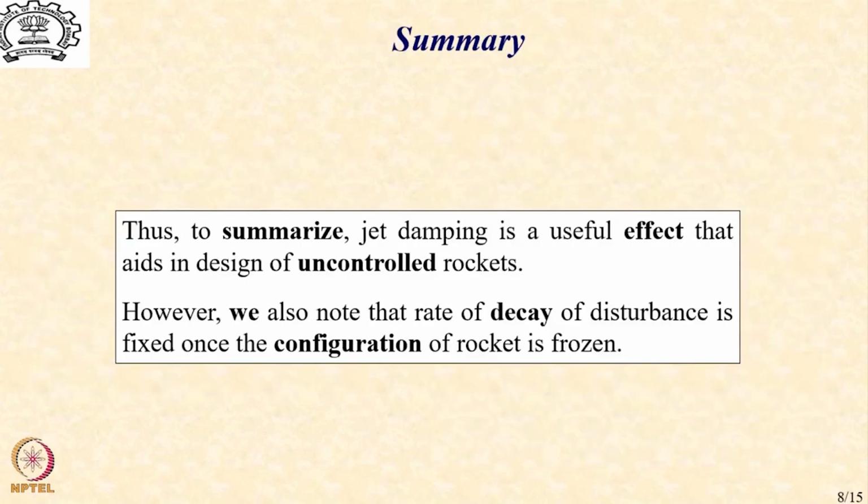So to summarize, jet damping is a useful effect that aids in design of uncontrolled rockets. However, we also note that rate of decay of disturbance is fixed once the configuration of the rocket is frozen.